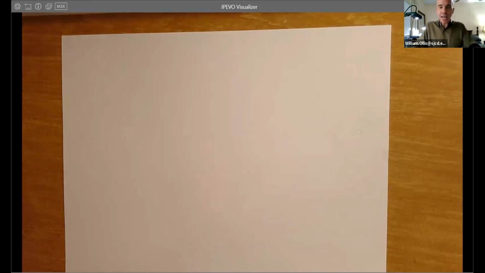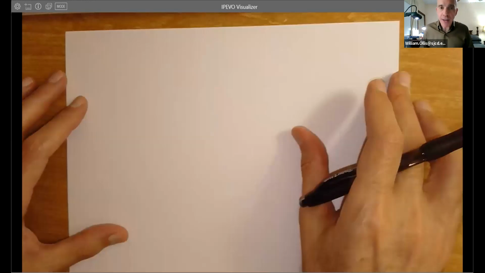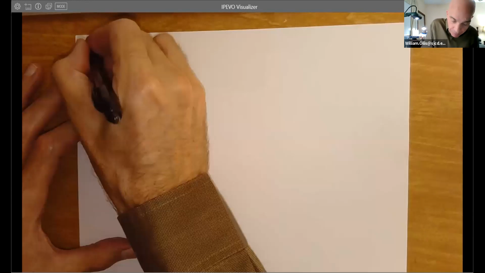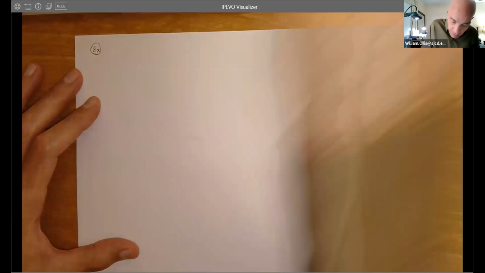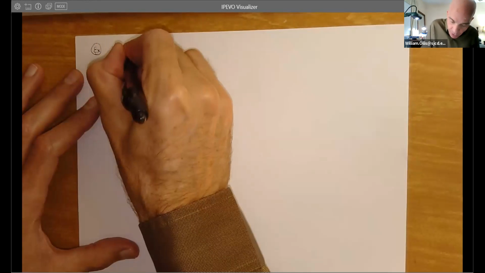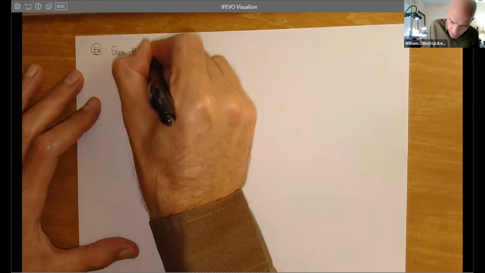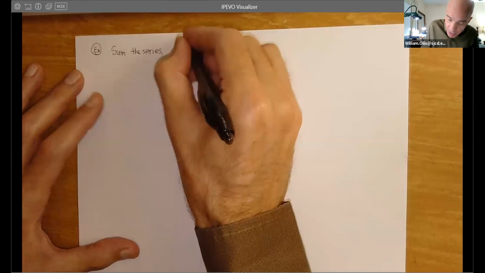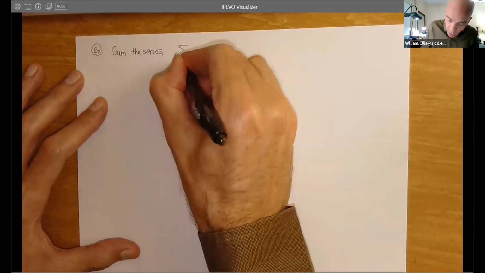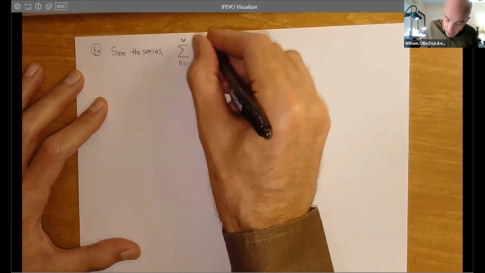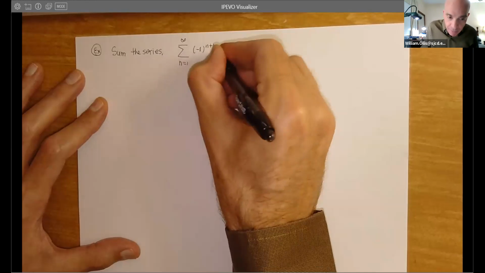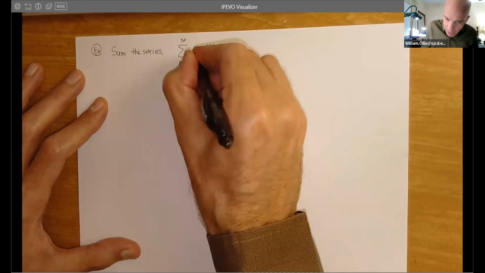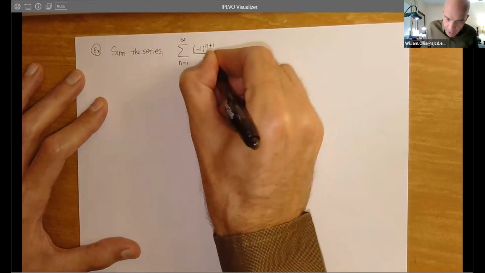I want to look at an example where we do another derivation. I'll just say, here's the example, and here's what we're going to do to figure it out. The example says sum the series, and you're going to look at that and say, well, I don't really know what to do. Doesn't look like arctangent. So sum the series, n equals 1 to infinity of -1 to the n plus 1 times 3n times n.